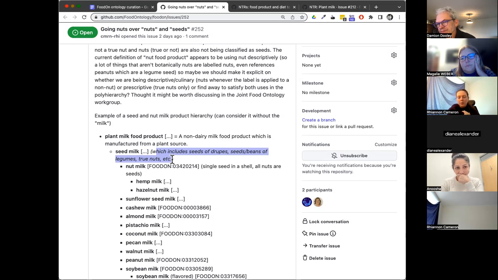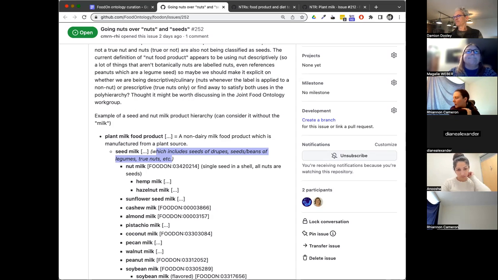And then, what would you propose as the other parent class in that situation? Well, everything's under seed food product, and then there's nut food product. Isn't that the way it is right now in FoodOn?